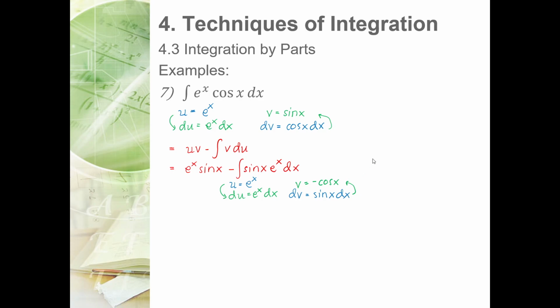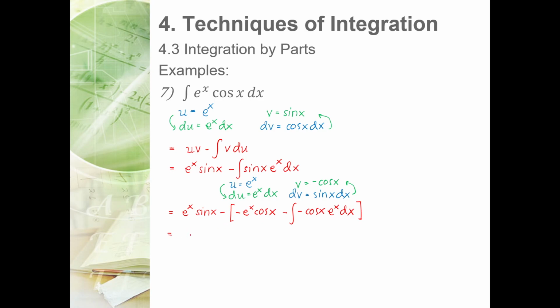Again, applying the formula for the second time, we have e to the power of x sine x minus the integral of uv. So that's negative e to the power of x cosine x, minus the integral of negative cosine x e raised to x dx.